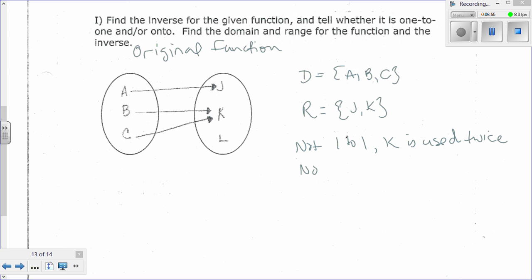It's not onto. The L is not used. Okay, let's find the inverse.